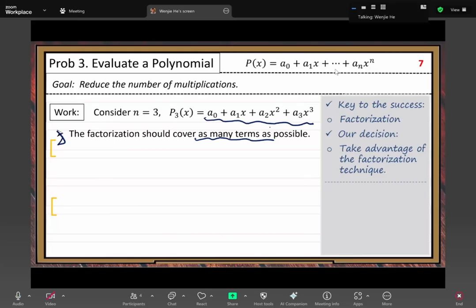Let's look at how about 3 of the 4 terms? Yeah, that's as many as possible, right? So the 3 of the 4 terms, we cover the last 3 terms. Yeah. All right. Then we take the common factor X out. All right.